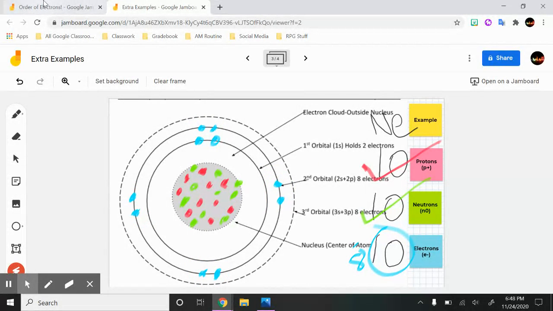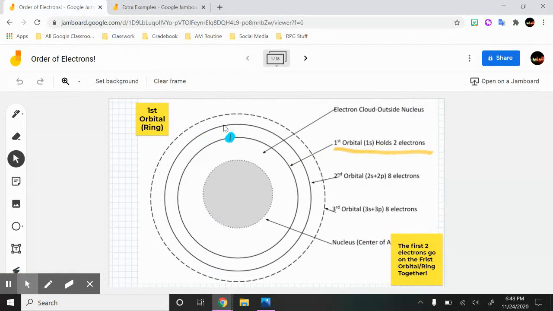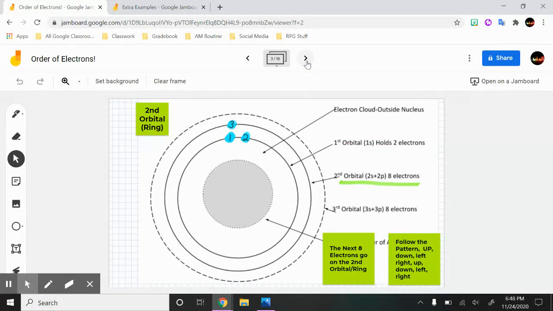Remember, when you're filling in your electrons, you always put the first electron on the first ring, and the second electron on the first ring right next to it, so they're both on the first orbital together. We can't put any more on that first orbital; it can only hold 2. Then you move on to the second orbital and follow our special pattern.